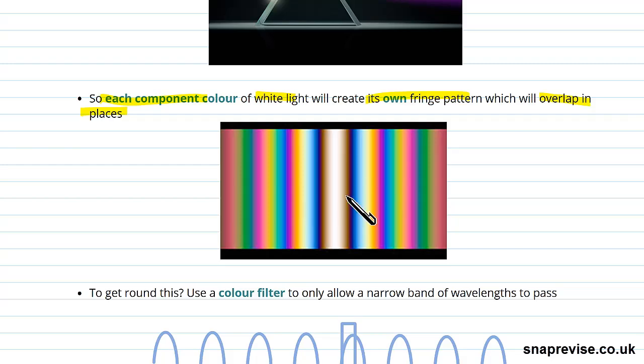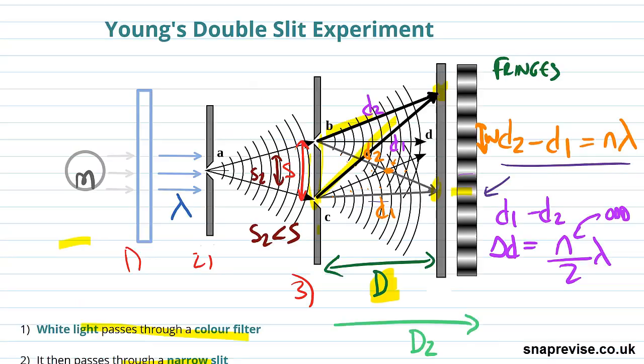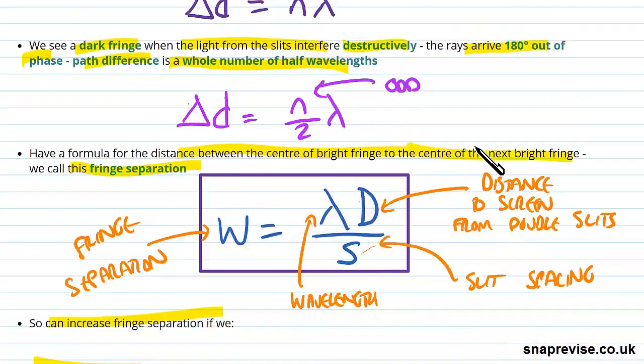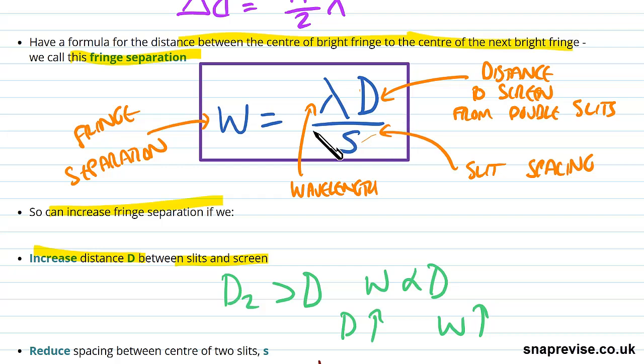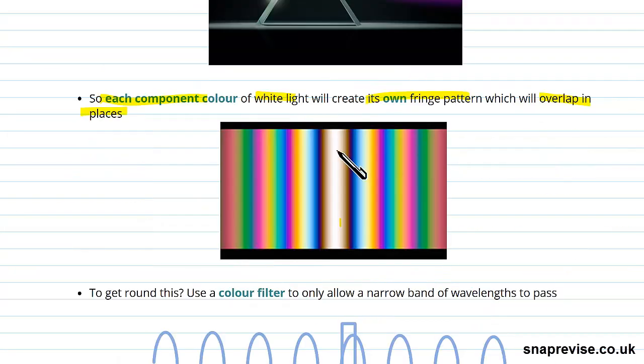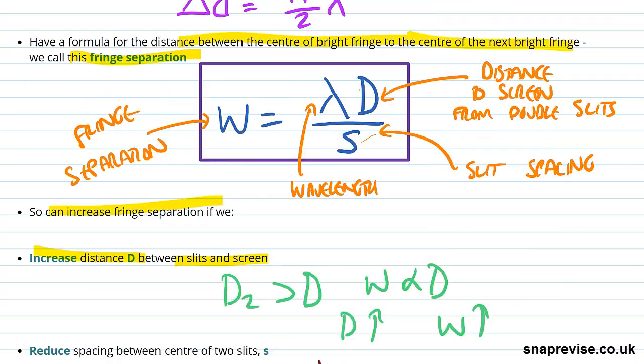We get this kind of diagram where we've got this bright white fringe in the centre, but then as we go along, each of these colours, we saw for fringe spacing we had W equals lambda D over S. Every single colour in our light produces this fringe pattern. And as we saw, if we had a longer wavelength of light, we'd have greater fringe spacing. So each of them is going to produce a different fringe spacing.